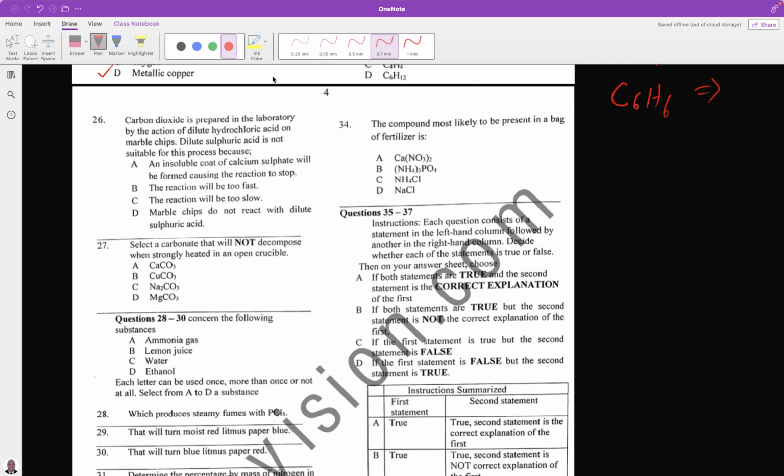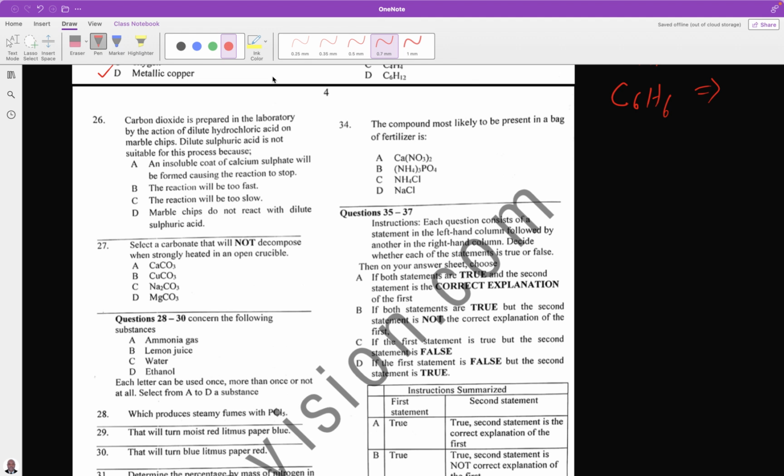You know, in this case, calcium sulfate is formed during the reaction, and it is insoluble in water. So when dilute sulfuric acid is added there, calcium sulfate is formed, and it is insoluble in water, and will cover the marble chips, causing the reaction to stop.